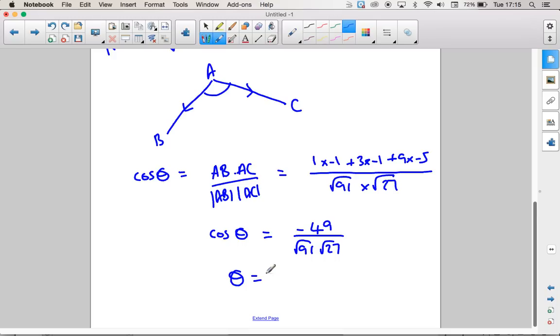I'm going to put my mode in degrees, so -49 over root 91 times 27, inverse cos of that, gives me an answer of 171.3.